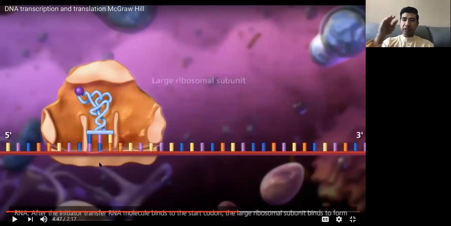Then it starts to attach and becomes the initiation complex. Once it recognizes, it can start to translate the codons within the mRNA sequence. So that's the initiation, how all of those come together.